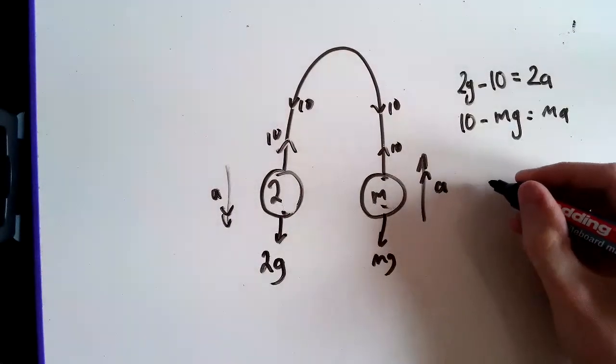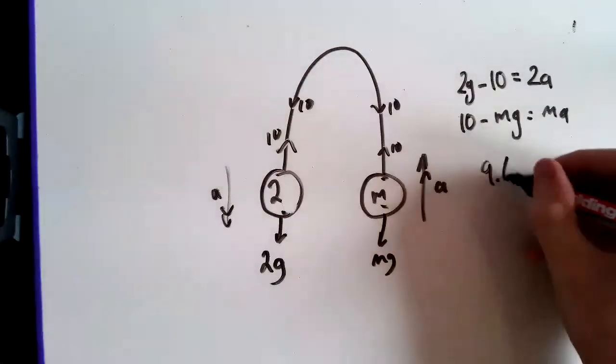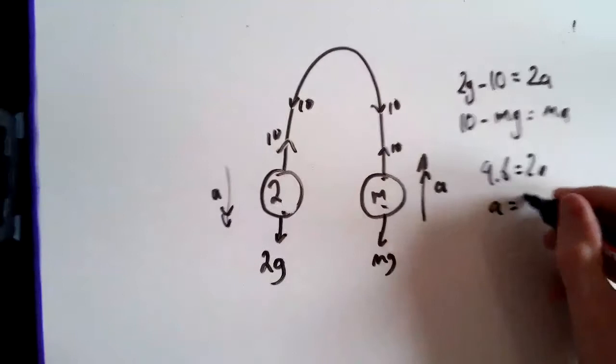So I can solve the first one to get there. So 2g minus 10, so 2 times 9.8, take away 10, gives me 9.6 equals 2a. It's divided by 2, so a equals 4.8.